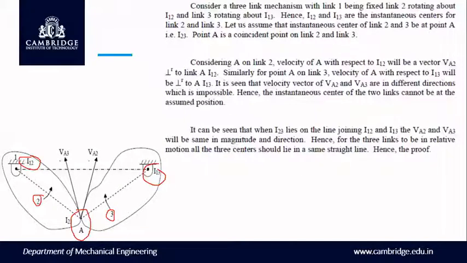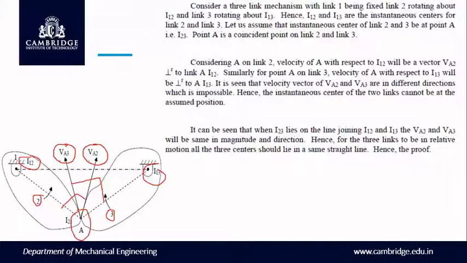Considering this point A on link 2, the velocity of A with respect to I12, so if I draw a perpendicular line to this I12, the velocity of A with respect to link 2 will be in this direction. Similarly, if I draw a perpendicular line to the I13 line, I will get the velocity of point A with respect to link 3.